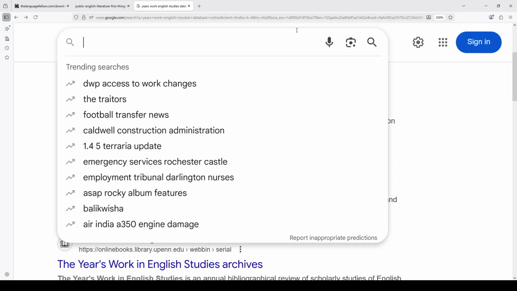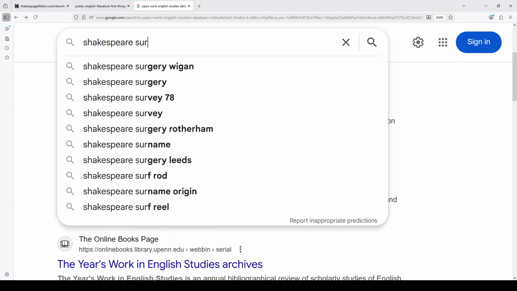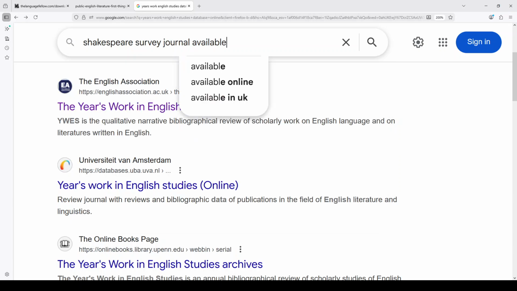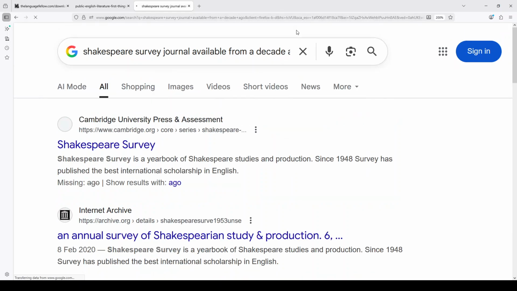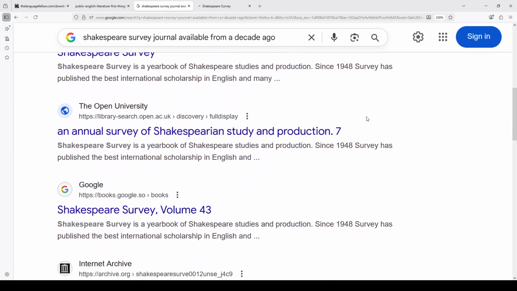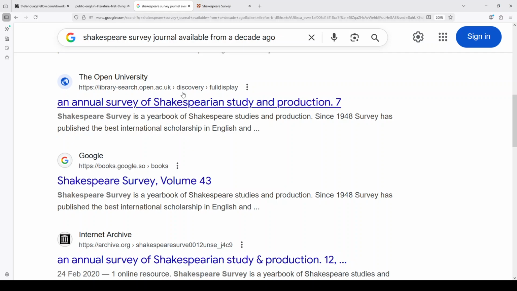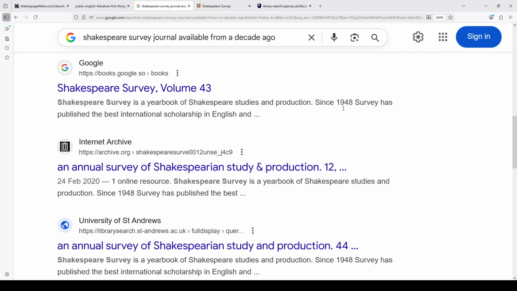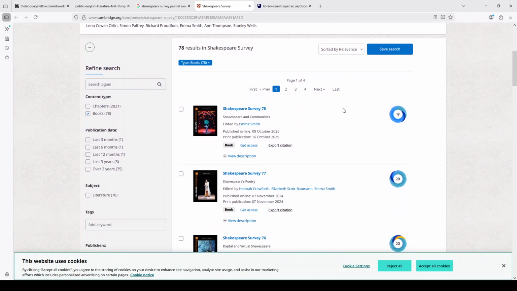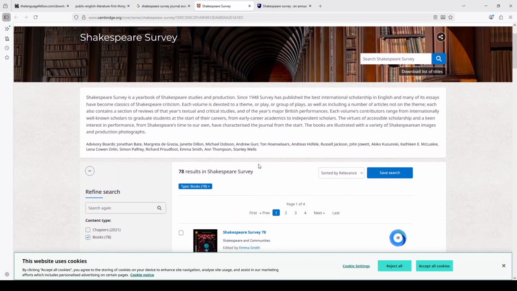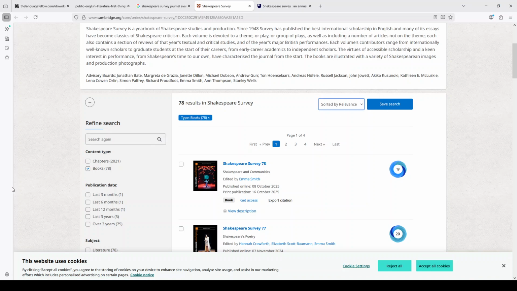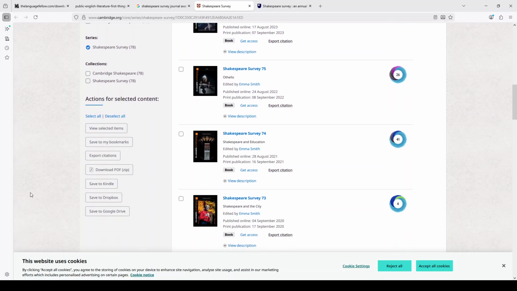So, for example, Shakespeare Survey journal, available from a decade ago or so. Shakespeare Survey. Get access. You could see things I have access to. Show me only things I have access to, and so on.